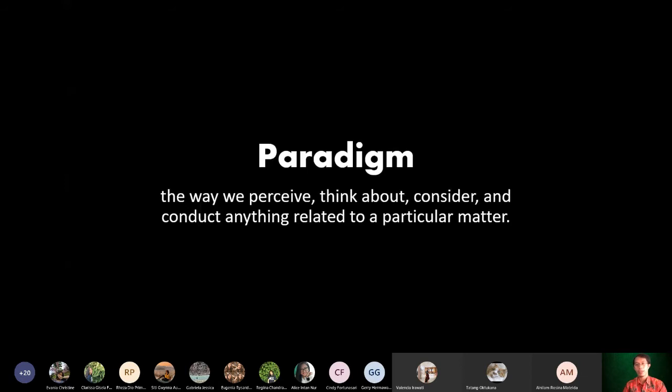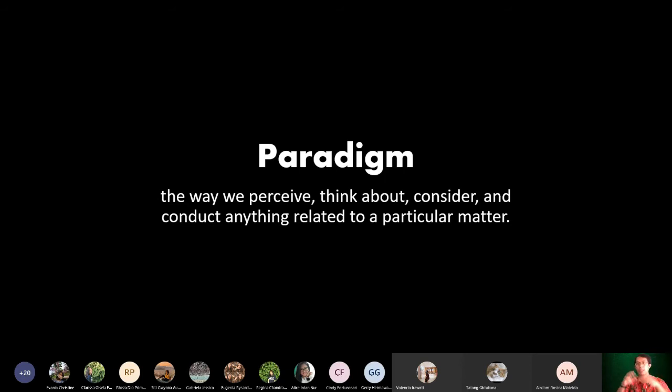Paradigm is the way we perceive the world, we think about the world, and we consider anything related to a particular subject. Every walk of life has its own paradigm. The paradigm of literature is different from the paradigm of, say, religion. The way people see the world in religion is different from the way people see the world in, for example, anthropology.